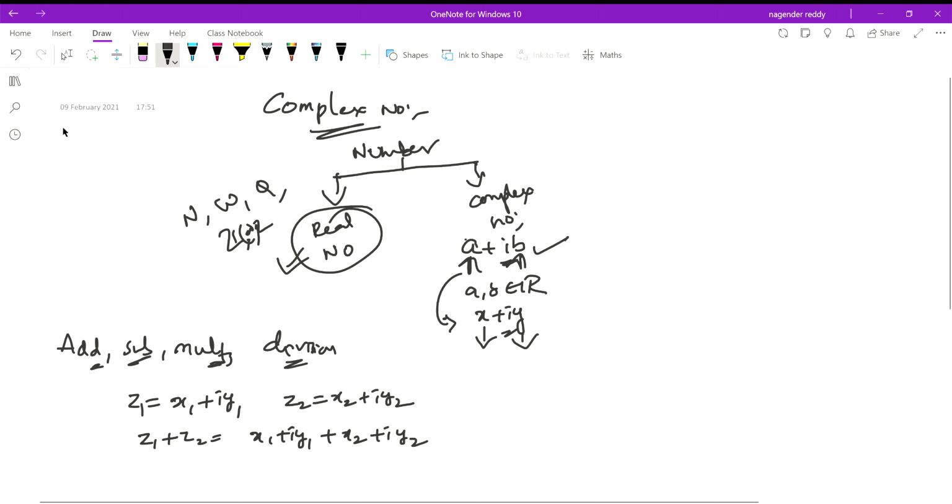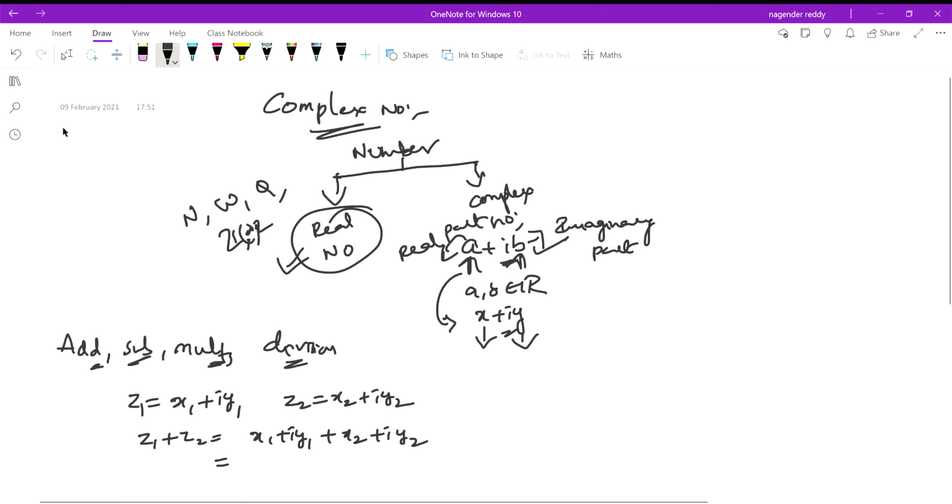Here the number without i is called the real part, and b is called the imaginary part. So we should add only the real parts of the two complex numbers and the imaginary parts.